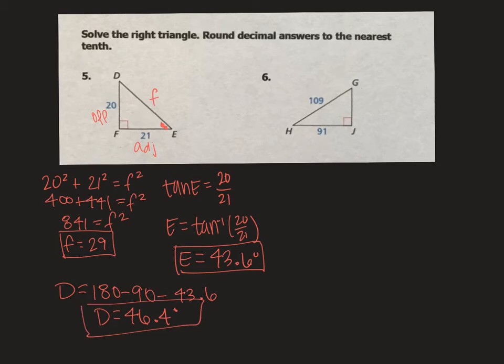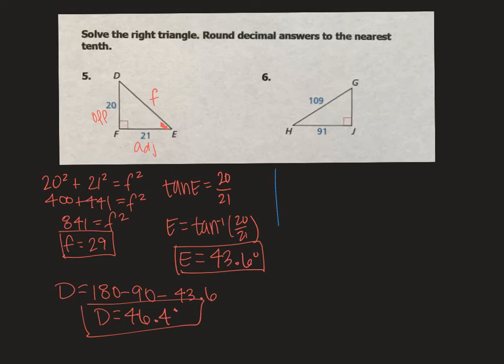So if you feel confident enough to try number 6 on your own, I would encourage you to do that. And then come back and hit play and compare your answer to mine. We're doing the same process that we did in number 5. I'm going to solve for my side, and then I'm going to solve for my two angles.